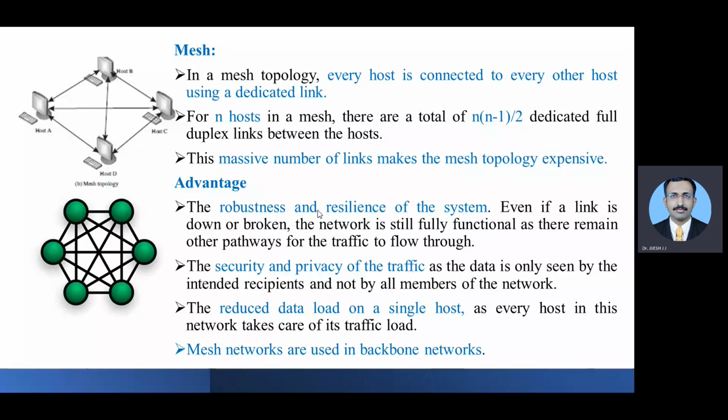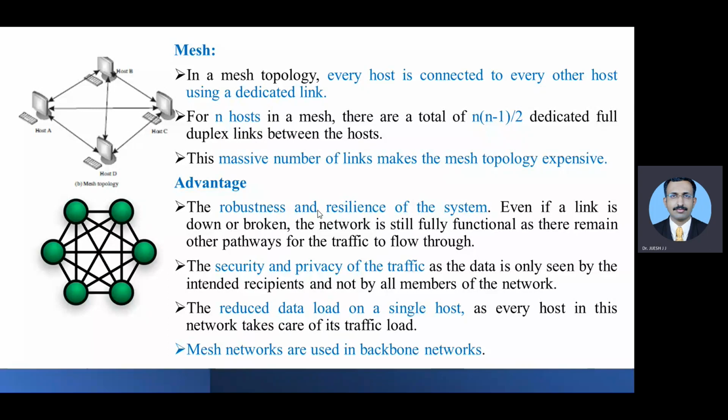So n into n minus 1 divided by 2 connections will be established, and the massive network of links makes the mesh topology expensive. You have to make sure that you are connected to A, to B, to C. It is so massive that it will be very expensive.